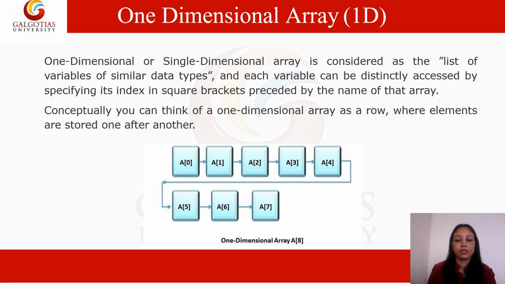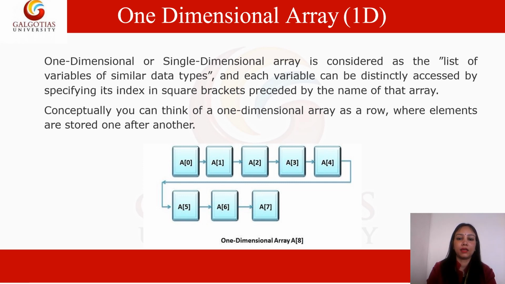This single dimensional array is considered as a list of variables of similar data types, and each variable can be distinctly accessed by specifying its index in square brackets preceded by the name of that array.